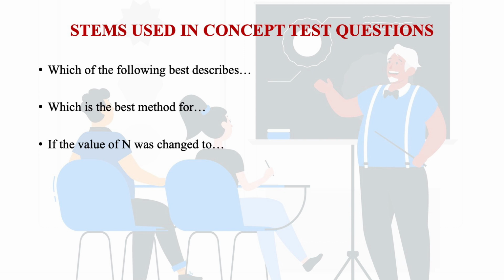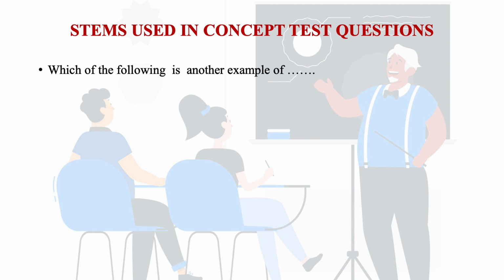Next, if the value of n was changed to, then so that we will give scope for the learners to think on their own. Next, we can ask them which of the following is the best explanation for dash, so that we can give the content that we want.